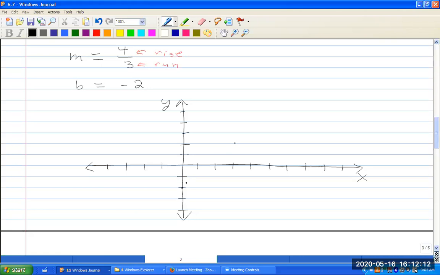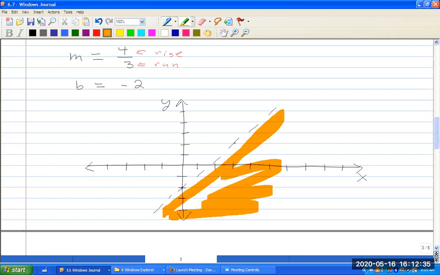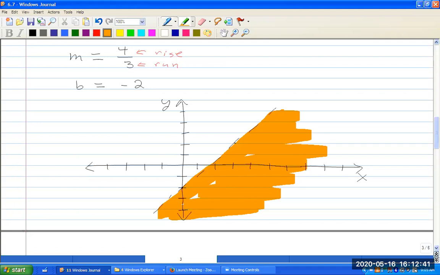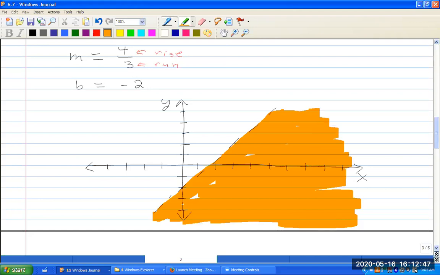And it's a dashed line. Now it's true below, so let's fill in below. So this is my solution.